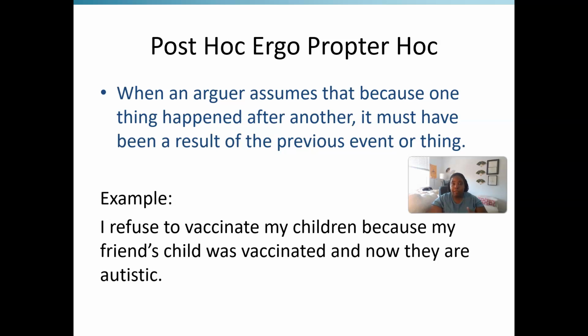So someone might say, I refuse to vaccinate my children because my friend's child was vaccinated and they're autistic. But research has shown that people are born with autism, autism runs in families, people are neurodiverse, and that's life, right? So just because someone was vaccinated before being diagnosed with autism, that doesn't mean that the vaccine caused that diagnosis.